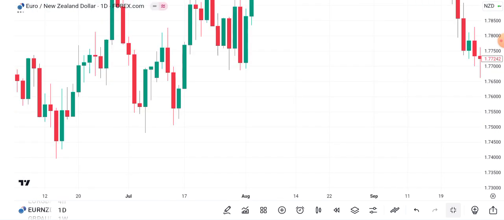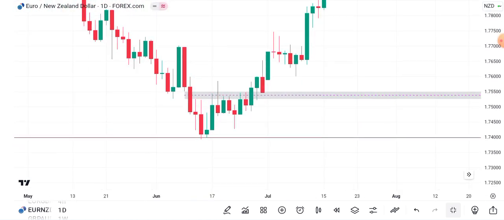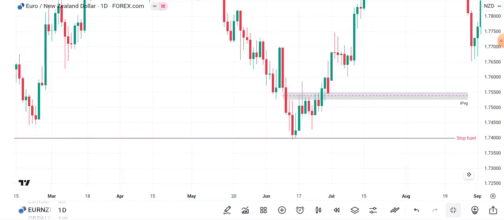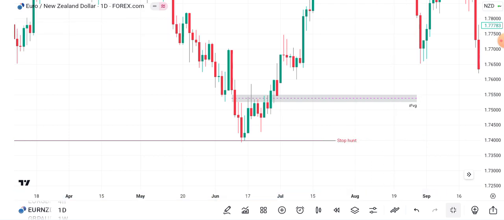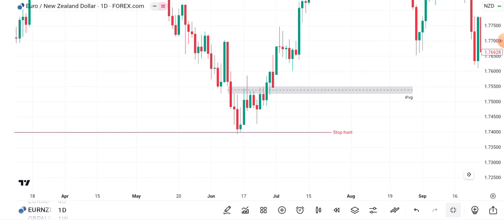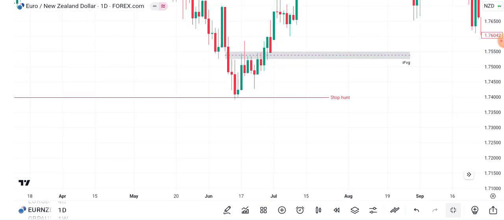So when you check the daily time frame, of course, we can see a fair value gap here, which I highlighted. I had already highlighted it so that we can see it.